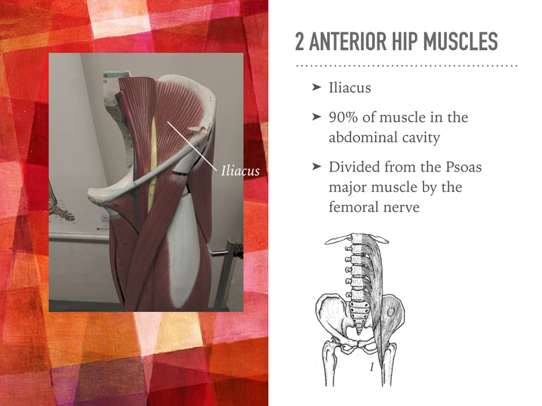Here's the iliacus muscle up in the abdominal cavity, and you can see it coming out from under that white cord of connective tissue, which is called the inguinal ligament. Remember, inguinal is the term for the groin area. And so you can see a little bit of it sticking out into the upper part of the thigh area.